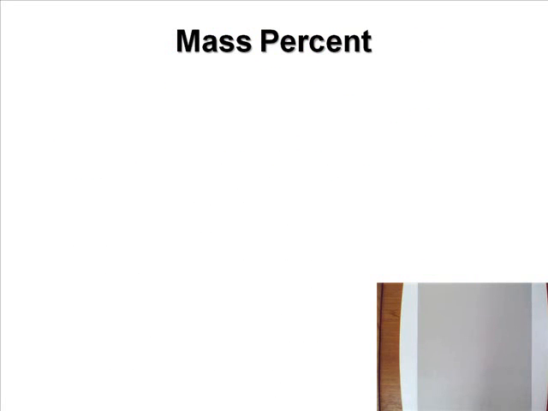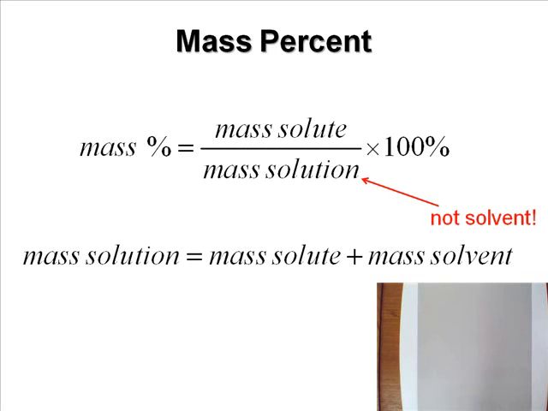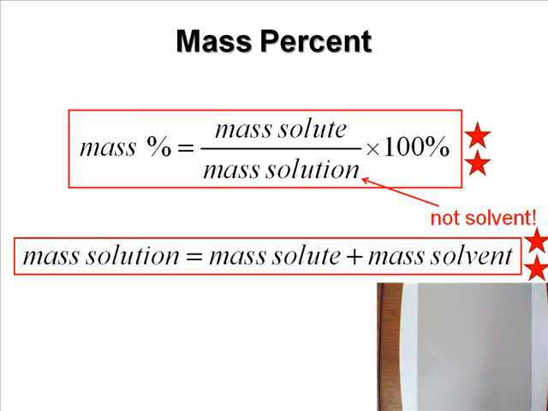So besides molarity, we can use mass percent. Mass percent is the mass of the solute divided by the mass of the solution overall. Notice it's the sum of all of them. Equations you want to know.